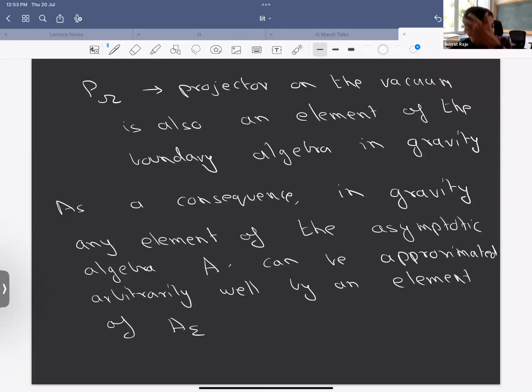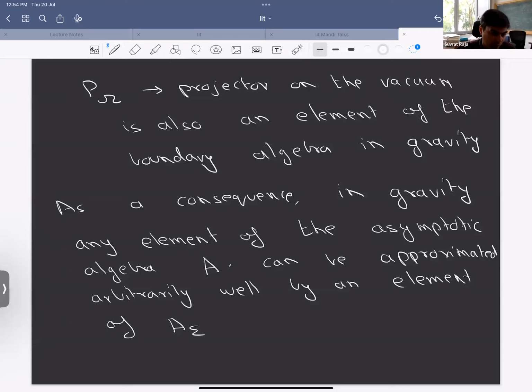So this is now a statement which is very different. Earlier I emphasized that this small band algebra was just a sub-algebra of the full theory. But now I want to say that it's not a sub-algebra in a theory of gravity. Once you add on the projector on the vacuum, which is true from these different perspectives, then in fact, you can approximate any operator in the theory arbitrarily well.